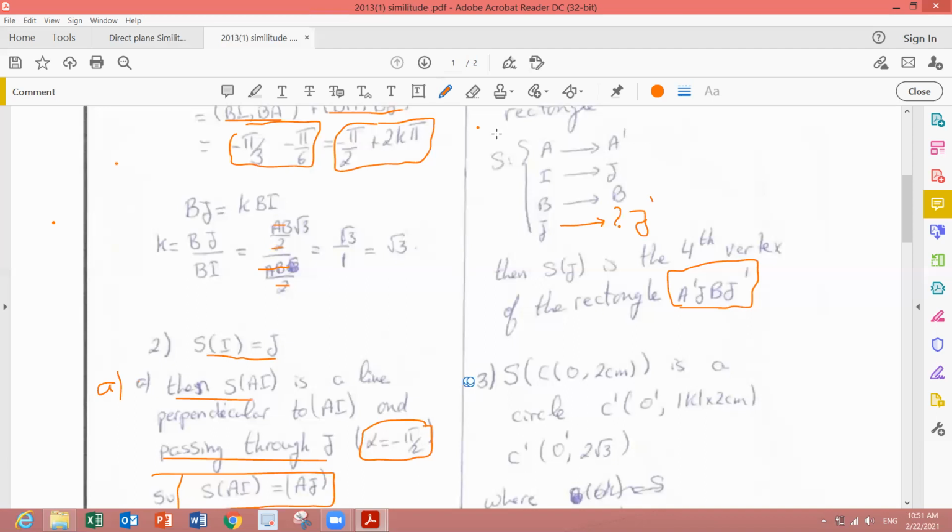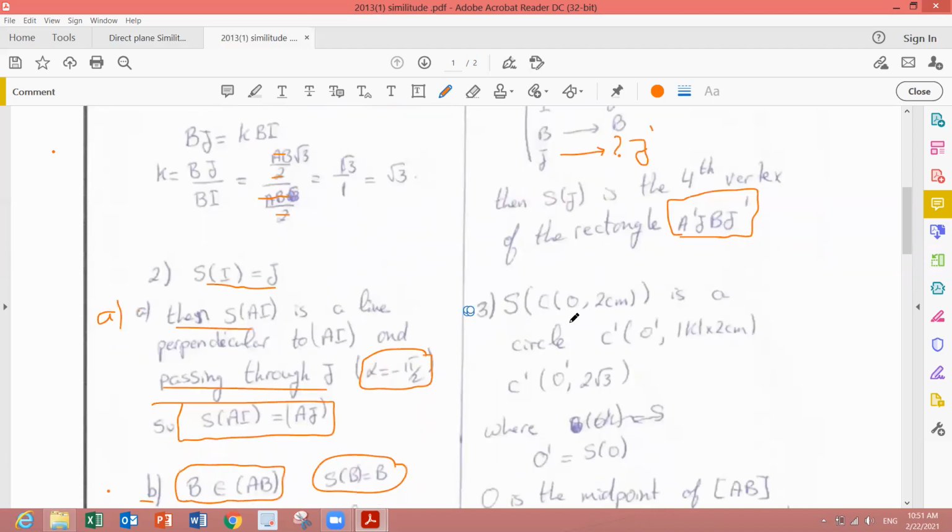So part 3: my circle C of center O, radius 2 centimeters.